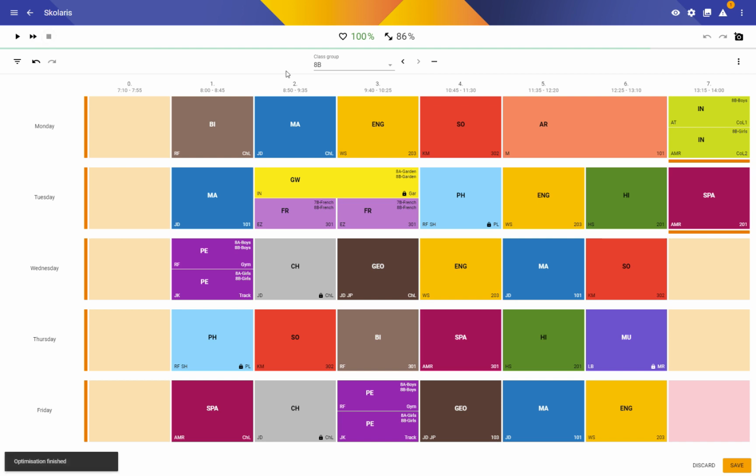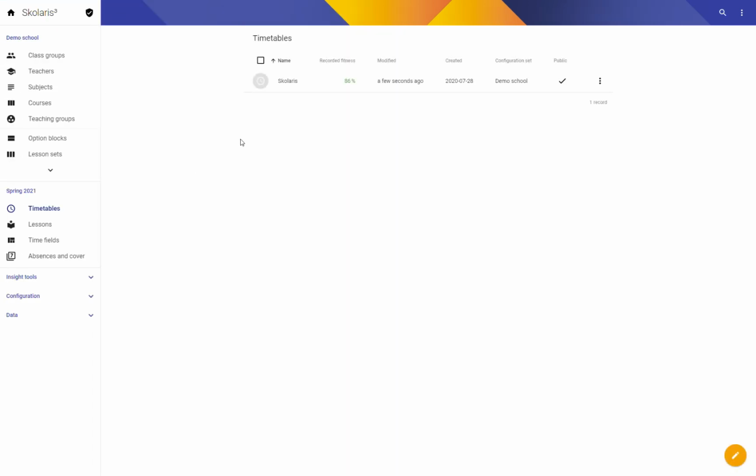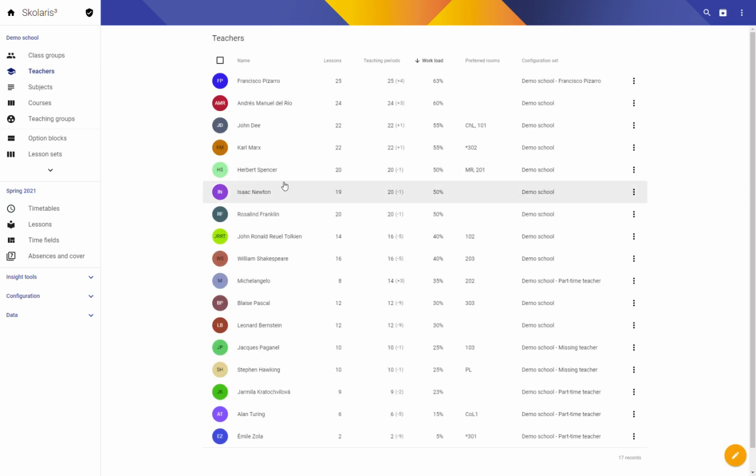So I think this experiment was a success. Our teachers have still good timetables, students have still good timetables, and we managed to do that with much reduced staff, so we can save some money in our demo school for next year using this timetable.